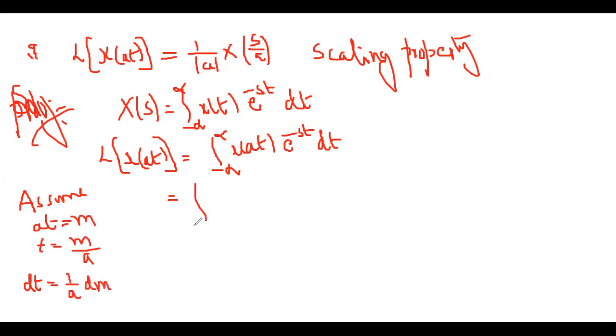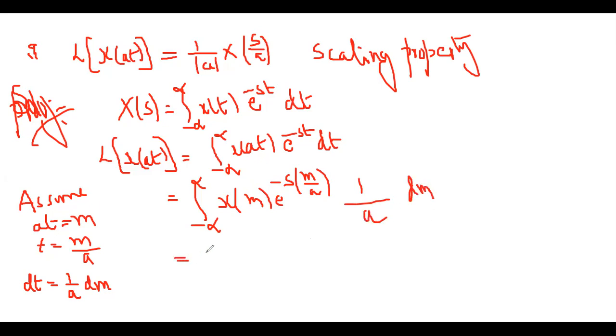Now you can replace: the integral from minus infinity to infinity of x of m e power minus s times m by a, times dt, where dt is 1 by a times dm.